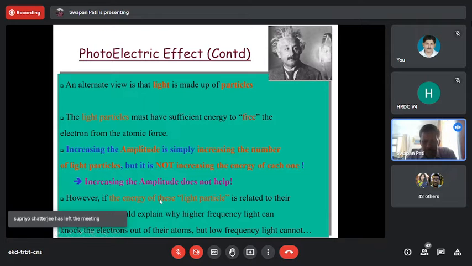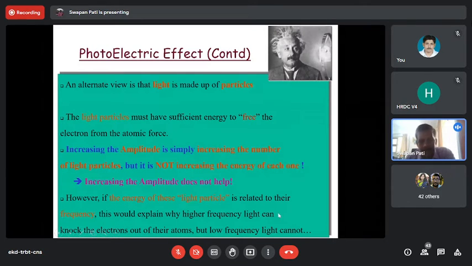However, if the energy of these light particles is related to their frequency, this would explain why higher frequency light can knock electrons out of their atoms, but low frequency light cannot. So when you increase the amplitude, the number of particles increases, but each particle's energy does not. If you reduce the lambda, the energy of each particle increases, and the total energy also increases.